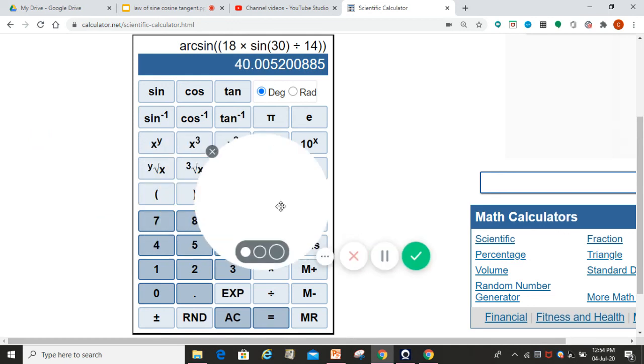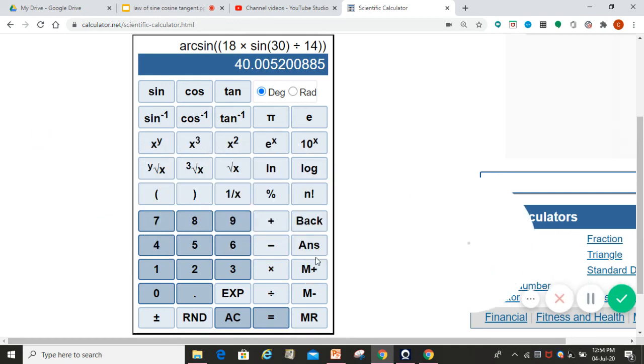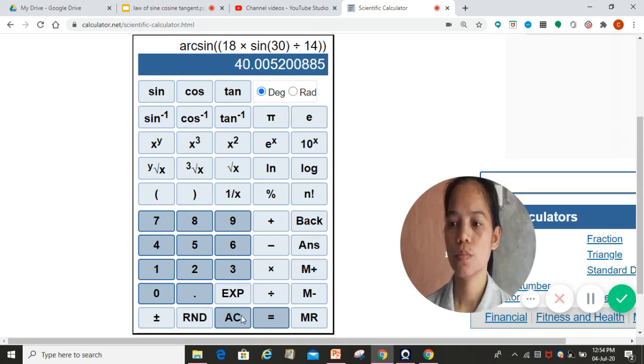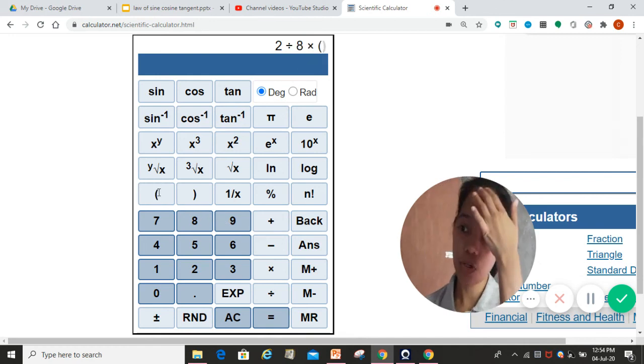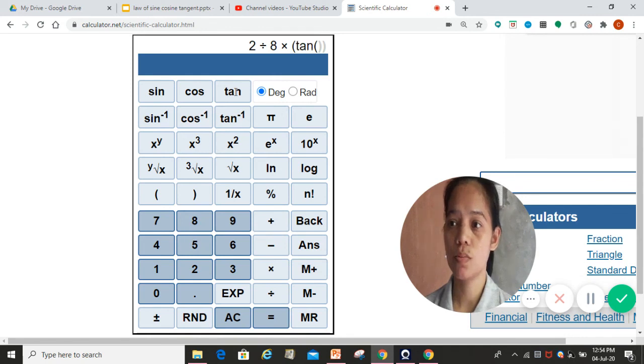I'll check if I still have it here. So you clear your calculator. We have 2 eighths: 2 divided by 8 times tangent of one half of 84, so tangent 42. Oh wait, I think I need to use the parentheses.